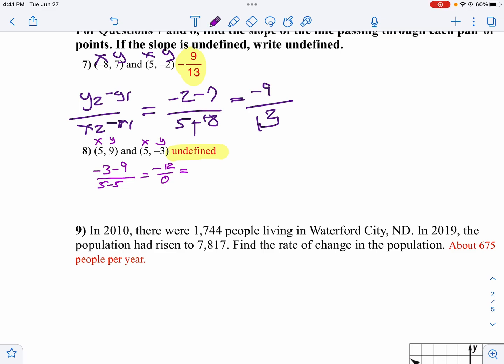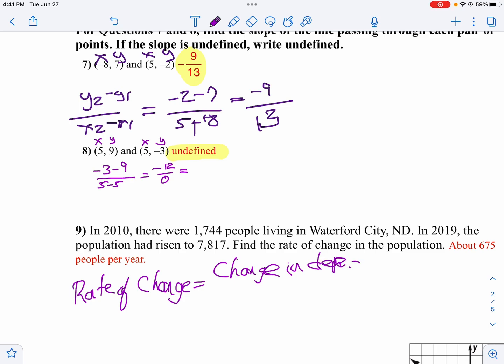Well, rate of change, remember, is your change in your dependent variable over your change in your independent variable. It's just like slope, except we have units. So let's do the population.